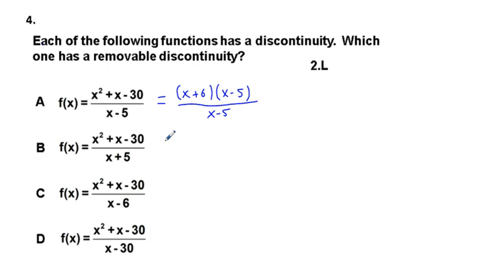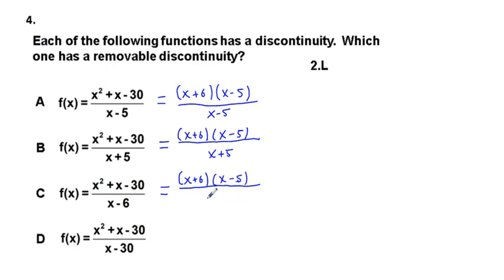And then it's going to be the same thing in the numerator for all of these. We're going to get x plus 6, x minus 5, over x plus 5. This one here, choice C, we're going to get x plus 6, x minus 5, all over x minus 6.